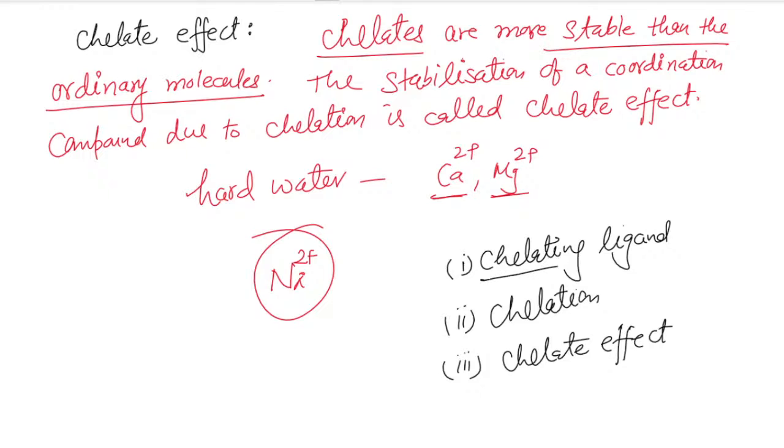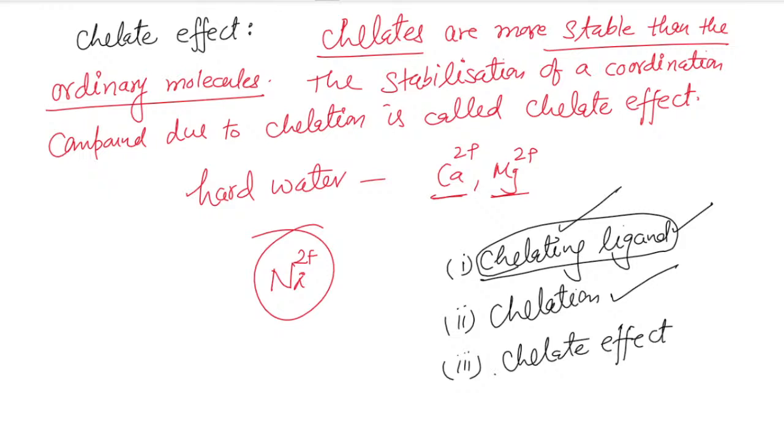Those ligands in which two or more donor groups are positioned in such a way that they form 5 or 6 membered rings with the metal ion are called chelating ligands. Okay, and that ring formed is called chelate ring, that complex formed is called metal chelate, and this property is called chelation.